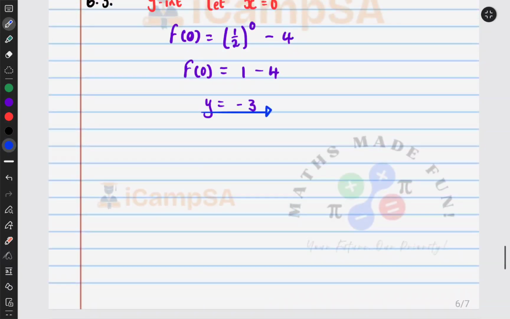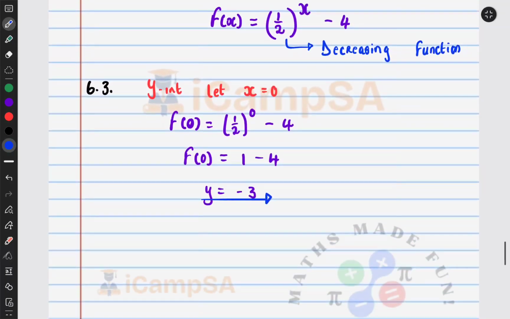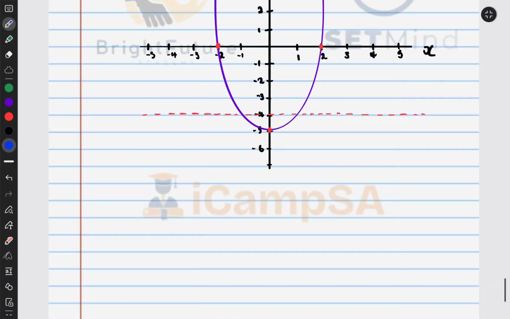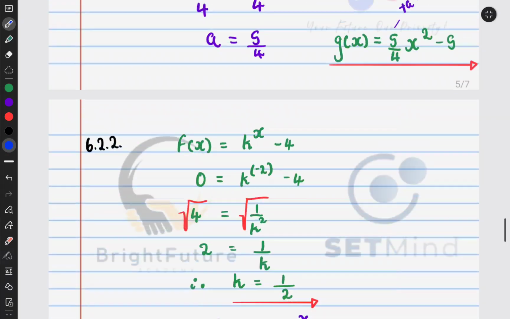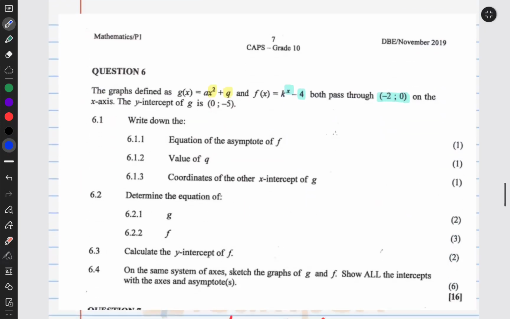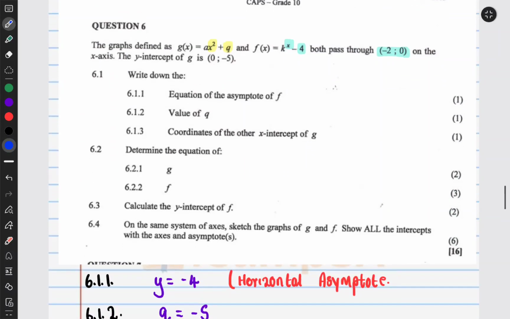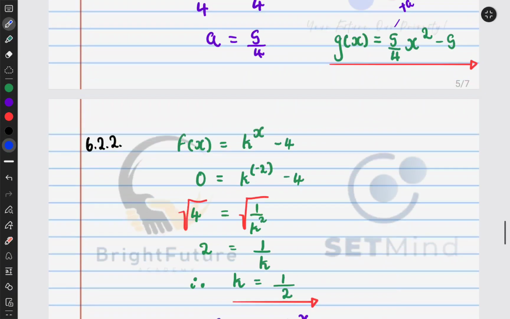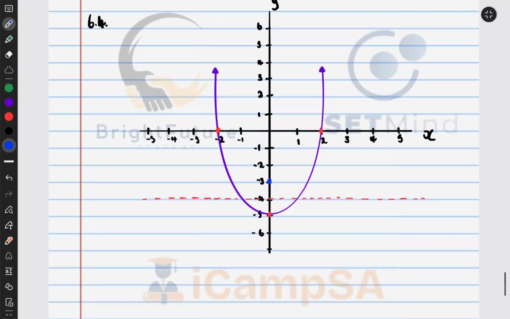The function has the y-intercept at y is equal to -3, and it has the x-intercept at -2 and 0. So here, that is where it has the x-intercept. Okay, and then our function is going to be a decreasing function.